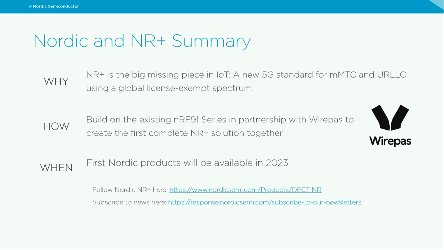This will make it easier for customers that want to have cellular properties, let's say, securely, but not having to deal with any carriers, so they can set up their own private networks without connecting to, let's say, base stations and that kind of thing.